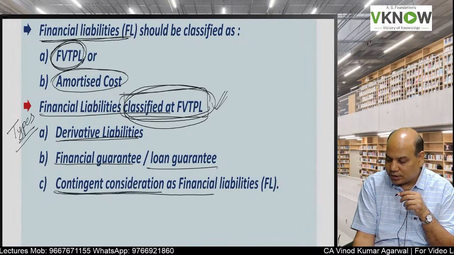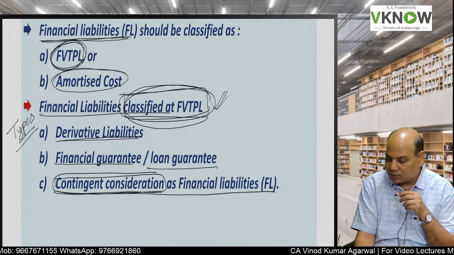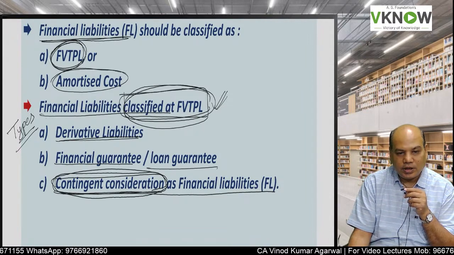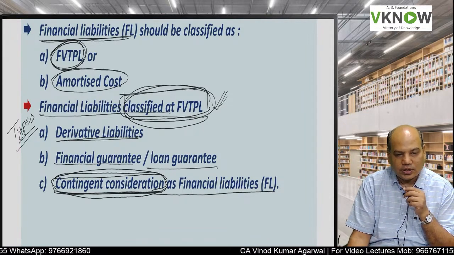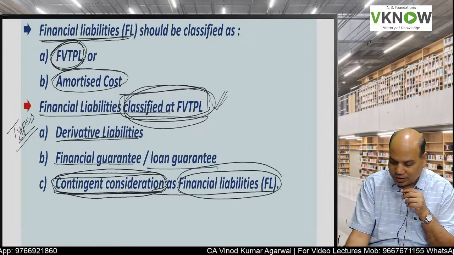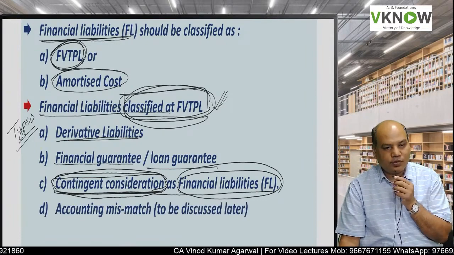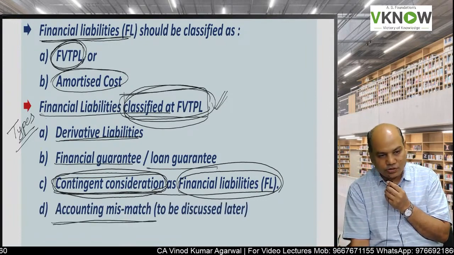Contingent consideration means consideration payable on a future event. You will study contingent consideration in Ind AS 103. This will always be treated as financial liability. And fourth is accounting mismatch.